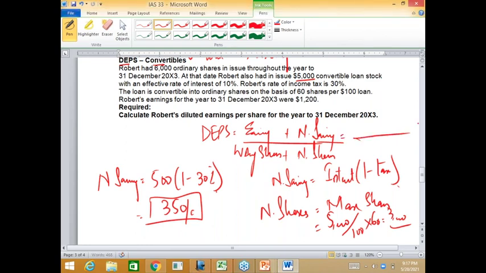So when we place these figures in this formula, the earnings is the same, plus the notional saving is 350. In the denominator, we have got the 6,000 shares plus notional shares of 3,000. Now you will be able to calculate the diluted EPS. It is 17.2 cents.